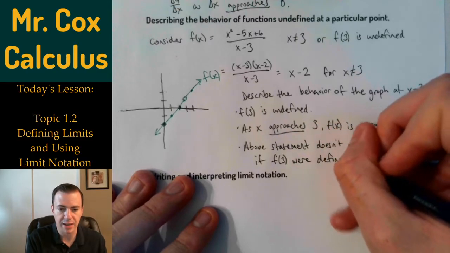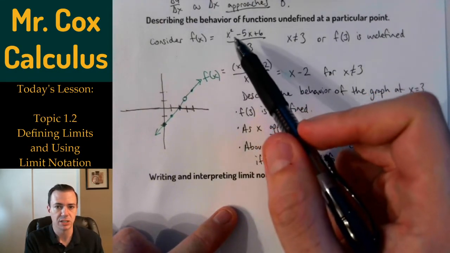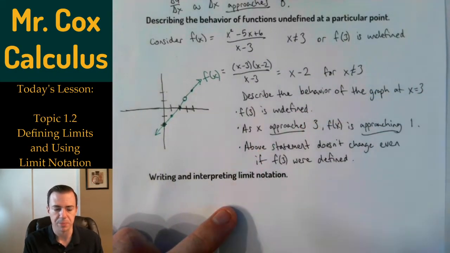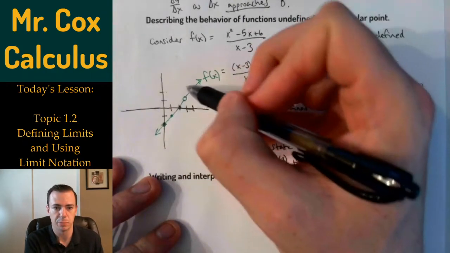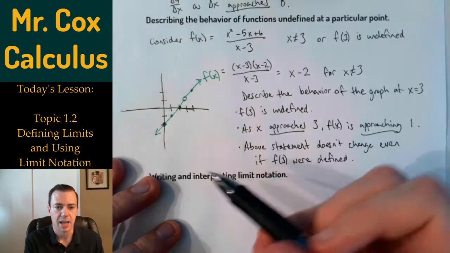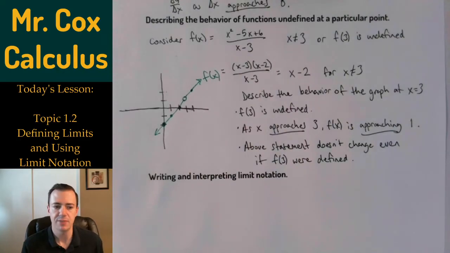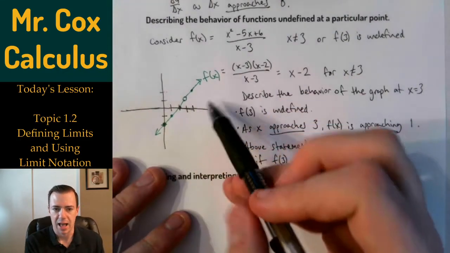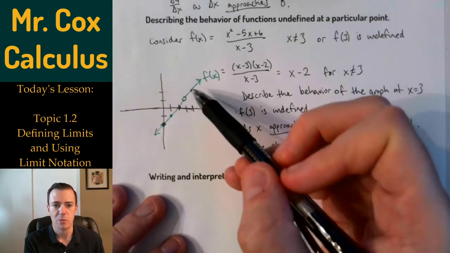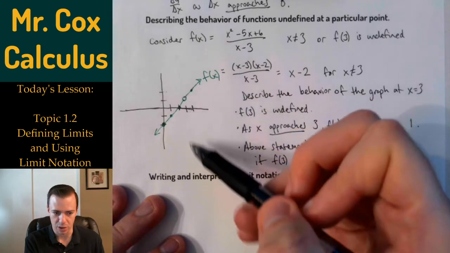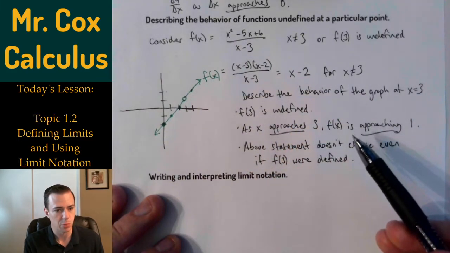What I mean by that is I could build a piecewise function where I could say, this is my function for every x except 3, but maybe at 3 my function is actually equal to 5, and I could put a point up here at 3, 5. This statement right here wouldn't change even if there were a point at 3, 5. As I'm getting closer to 3, my function is still getting closer to 1. No matter what I actually did, if I wanted to go in later and define f of 3, this statement right here, this second bullet point, is true.